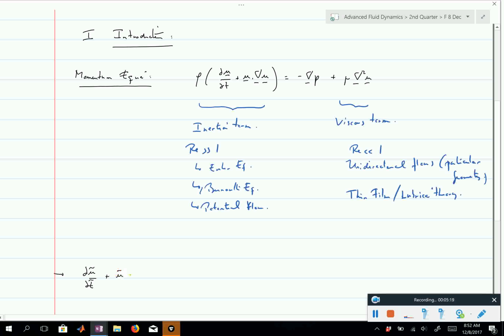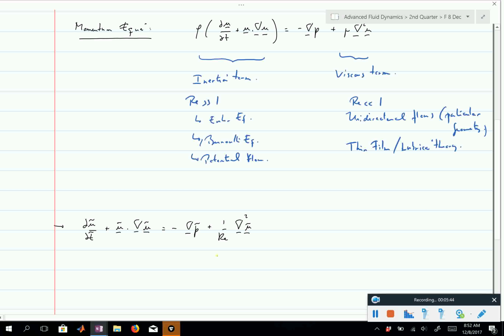We wrote, when we normalized the pressure with a characteristic static pressure, so when the inertial term is dominant, then our Navier-Stokes equation looked like that. And the non-dimensional version looks like the dimensional version, of course, but now we have a 1 over Reynolds number in front of the viscous term. And essentially at this point we said, well, if the Reynolds number is large, then 1 over the Reynolds number is really small, and therefore we can cross out the right-hand side. Okay?